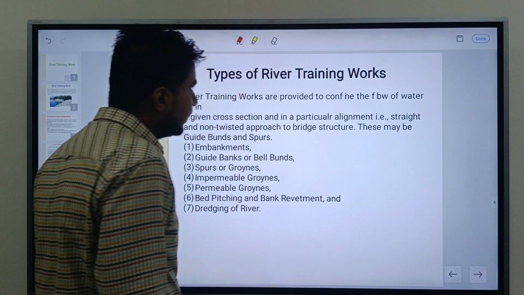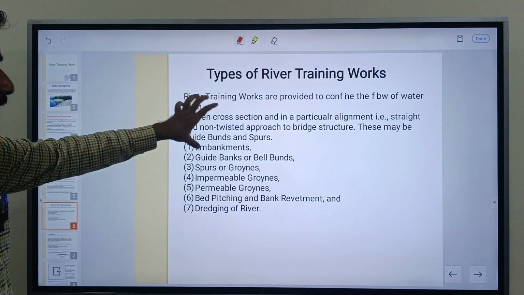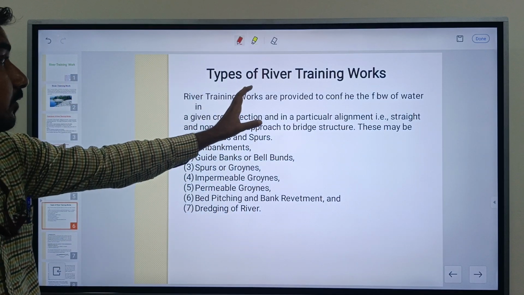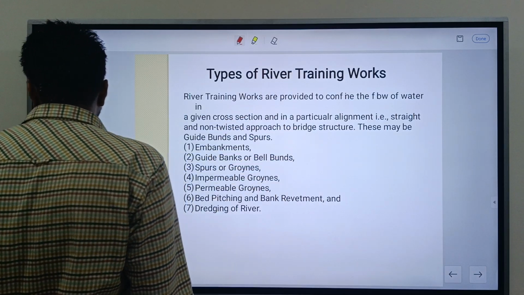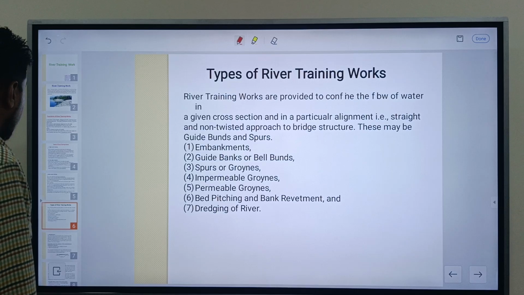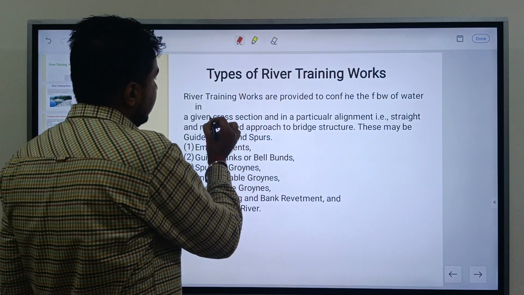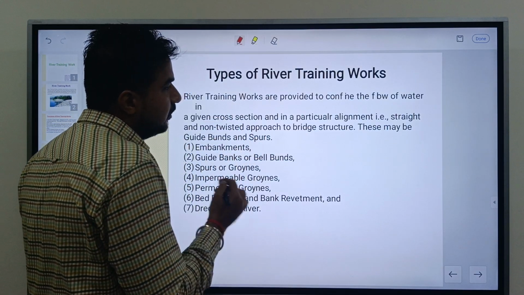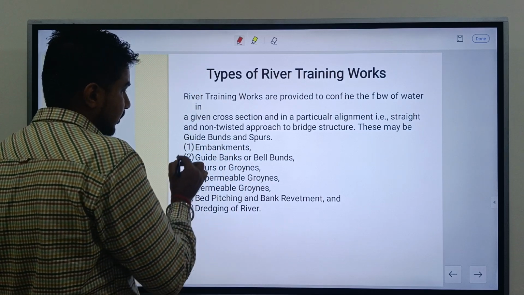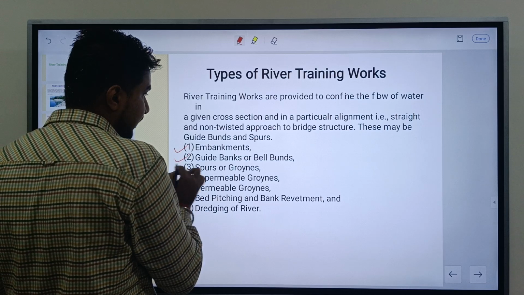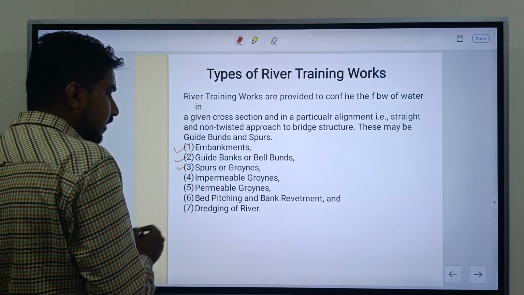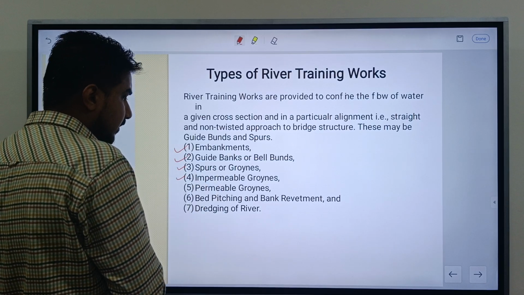So these are the types we have discussed. Now we are discussing river training works. So what are river training works? River training works are divided into particular types. First of all, embankments, guide banks, bells, spurs, groins. The next one is impermeable groins.